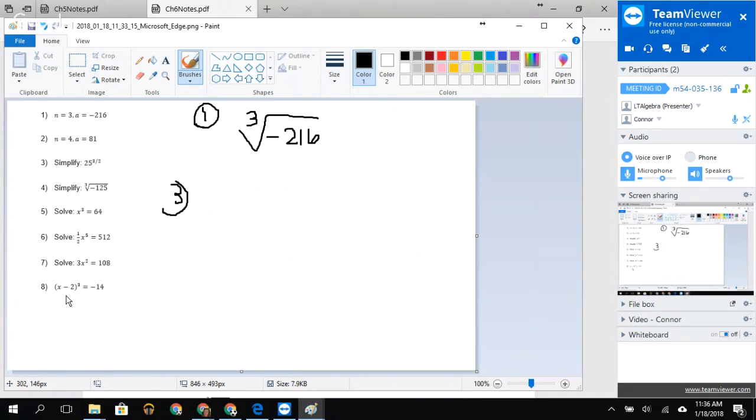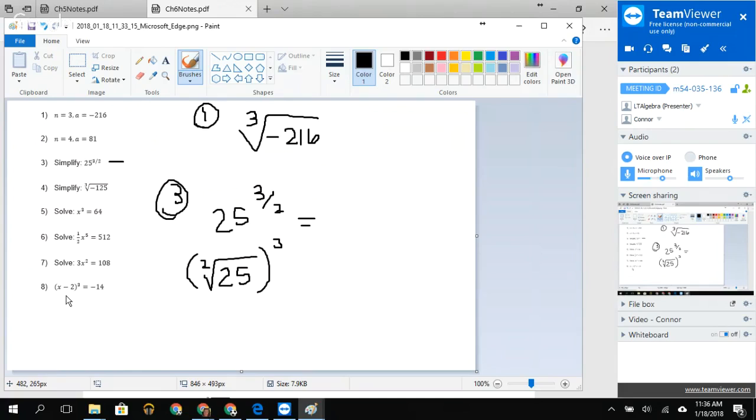For example, number 3 on your paper has 25 to the 3/2 power. I know that another way that I could write this is 5, the square root, cubed, because we just talked about that property.